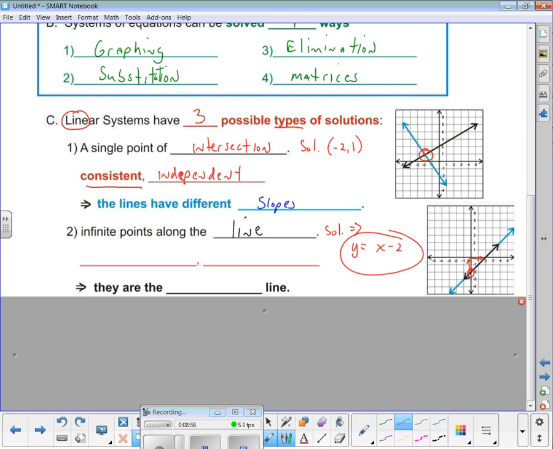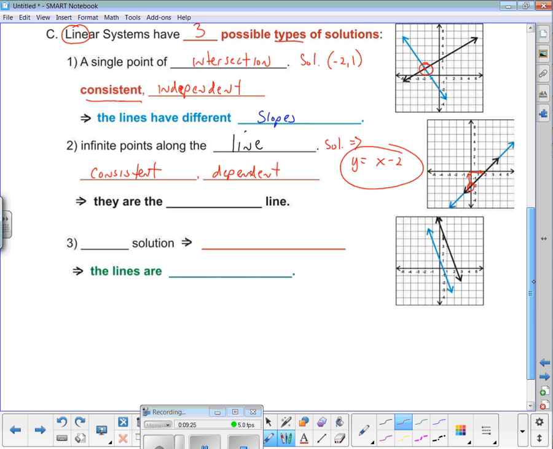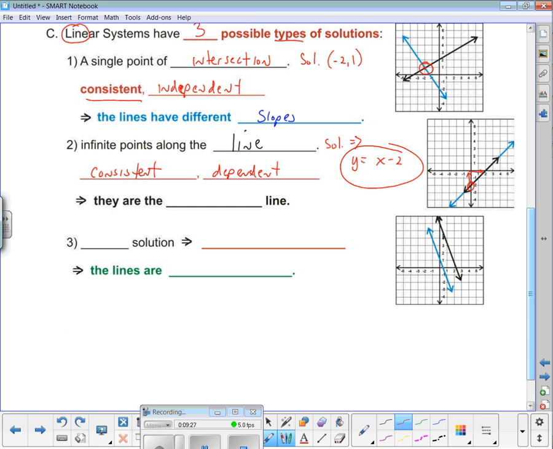Because remember, it's every point along the line, and one line's on top of the other. So there is a solution, so we say consistent, but it's not independent. There's not a single point solution. There's a multiple point solution, so it's dependent. Consistent and dependent. Let's finish that last thing underneath 2 there.